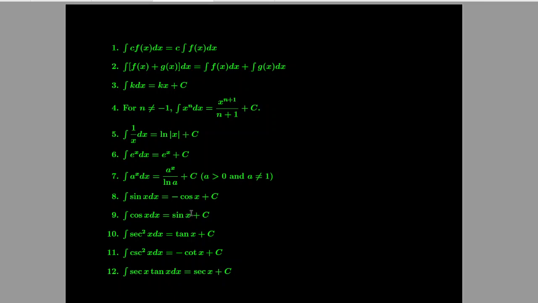That's why sine of x is an antiderivative of cos of x, right? So to evaluate the indefinite integral, all we need is to get a particular antiderivative of cos of x, which is sine of x, and then you add a constant, arbitrary constant c, so you have the answer, right?